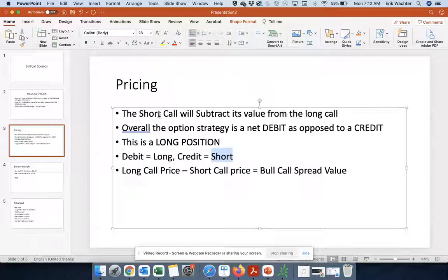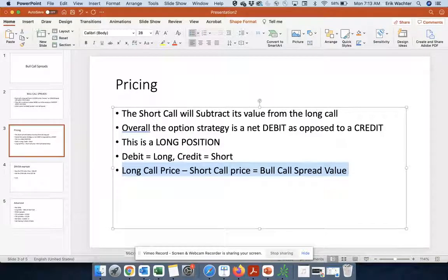So the short call subtracts its value from the long call. Overall, the option strategy is a net debit as opposed to a credit. This is a long position. Here's the formula: long call price minus short call price gives you the bull call spread value, or the call debit spread value as well. Same thing.